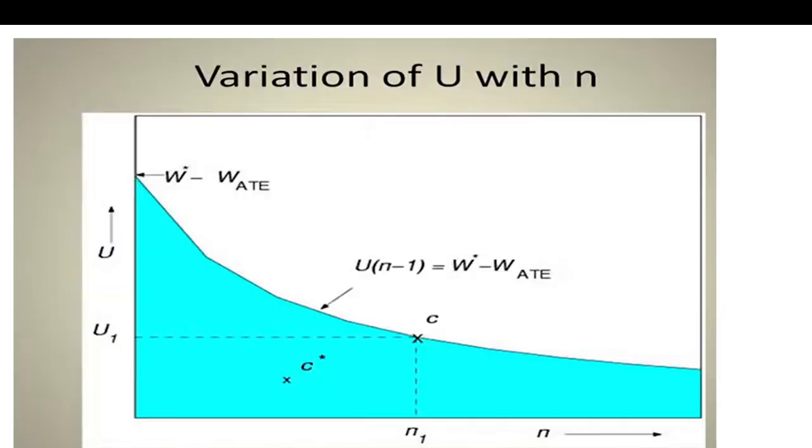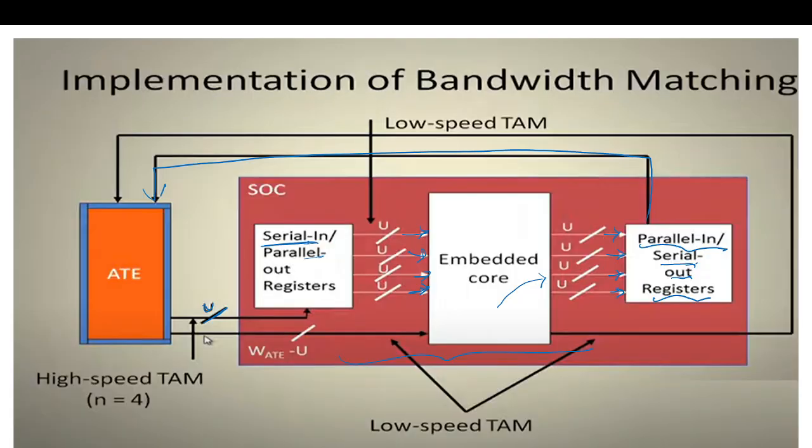But here we need extra hardware for the bandwidth matching. When the ATE was providing the output with U channels with high frequency, we needed a bandwidth matching circuit inside the SOC itself, which should convert the serial input high frequency to parallel output low frequency, and parallel output to again serial output, which will be again high frequency that we can give to the ATE.